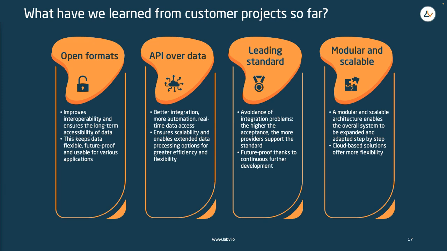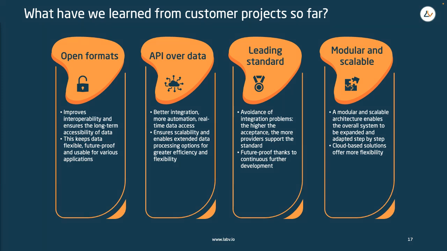It's a little bit software buzzword in this case, but actually, if you rely on a modular and scalable system, you will be able to react very quick and flexible to the future and your future requirements, and also adapt your lab infrastructure as needed, because your lab is going to change and evolve over time. You can add with a modular architecture new components or new systems, or remove them very easily.